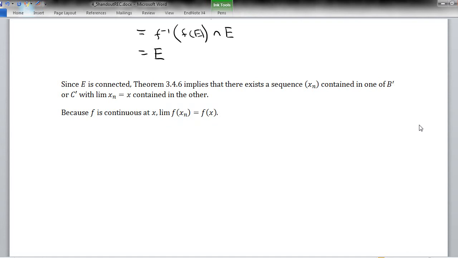And so it follows that the sequence of the f of x sub n's is a convergent sequence.